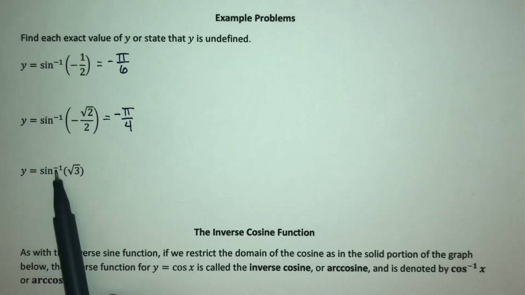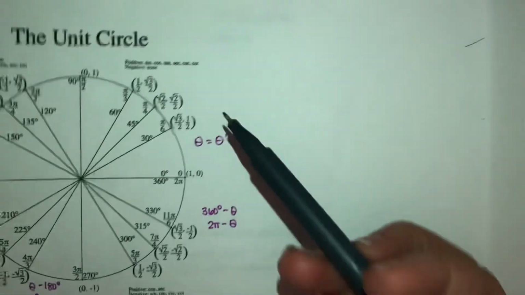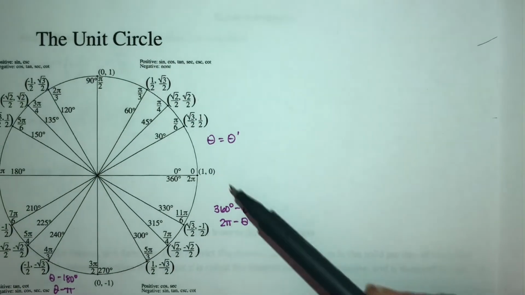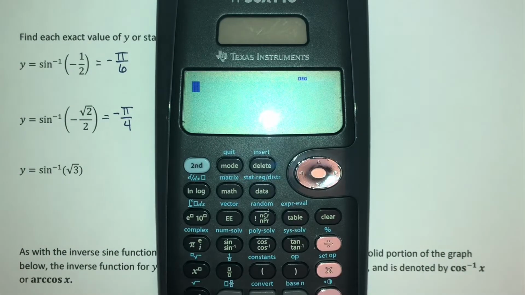Now, sine inverse of the square root of 3. Square root of 3 for sine, that's not anywhere on here. And what's more is the square root of 3 is larger than 1.